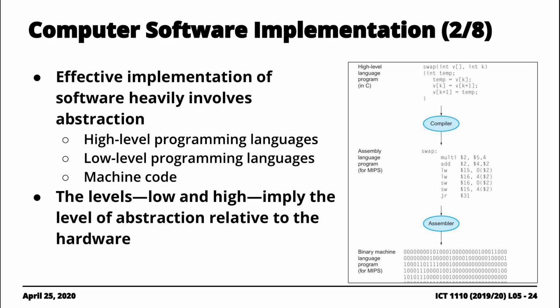So essentially, if you look at the native language for that computer system as being tied to binary code or machine code, what we're saying is that a high-level programming language will have a high level of abstraction of the machine code in comparison to a low-level language, right?